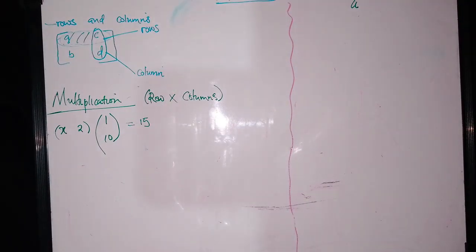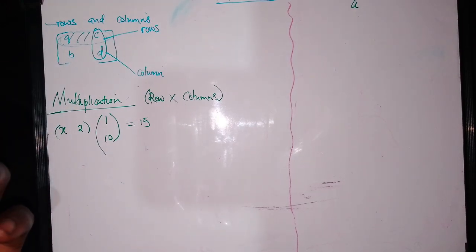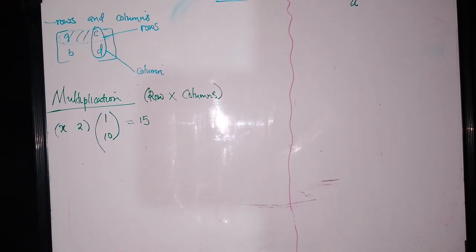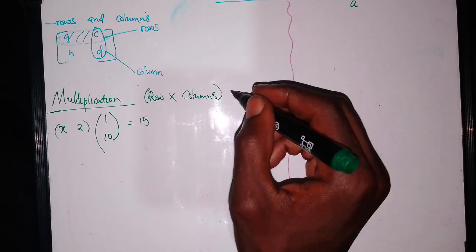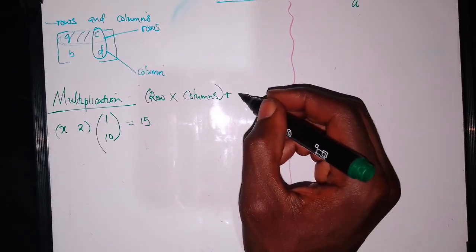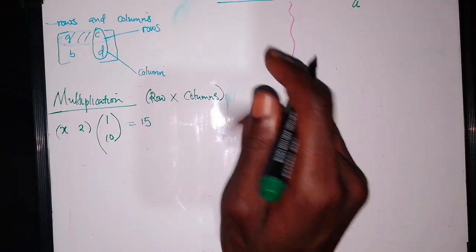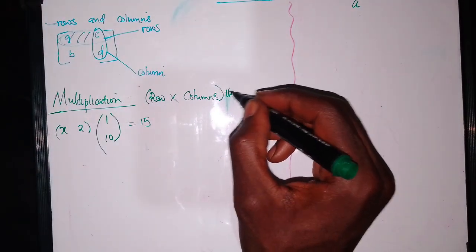So remember, you can also use multiplication to find the equation. You multiply rows by column, then the results you add. After multiplying rows and column, the products you add.